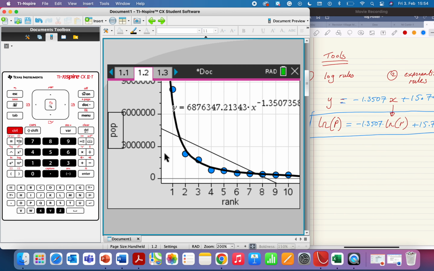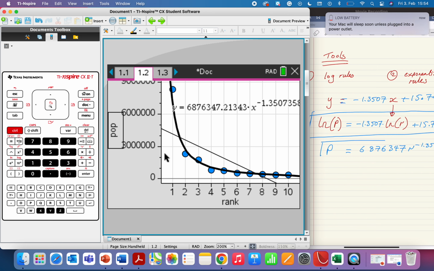Okay, so let's write down the power model, and the power model was P equals 6876347. We'll leave all the decimal places off. Times x to the negative 1.3507. And I'll replace the x because the x was the rank. Okay, so these are two equivalent equations linking population with rank.